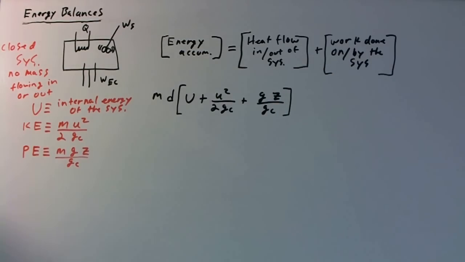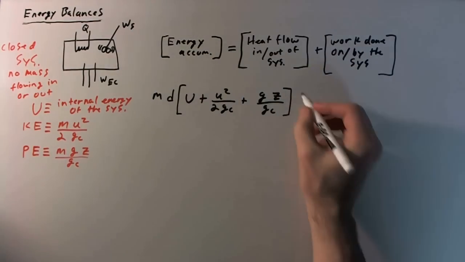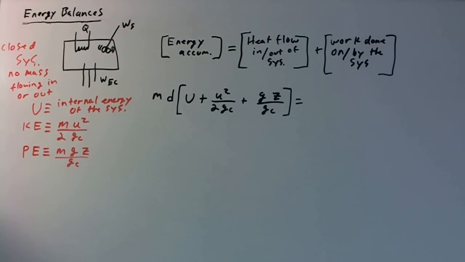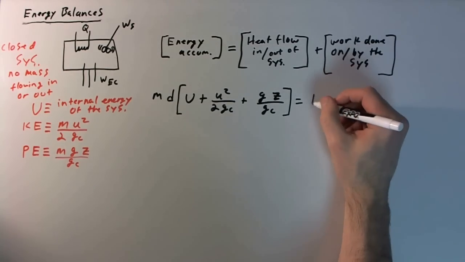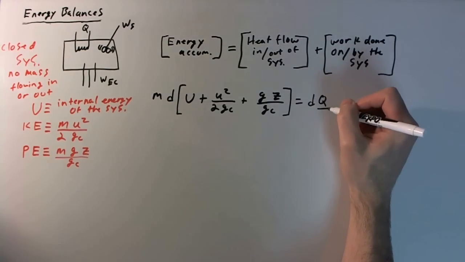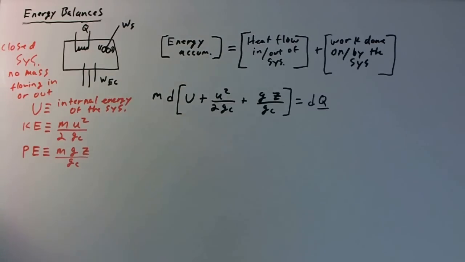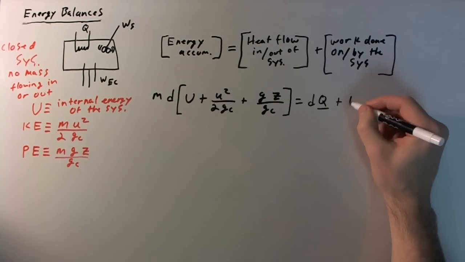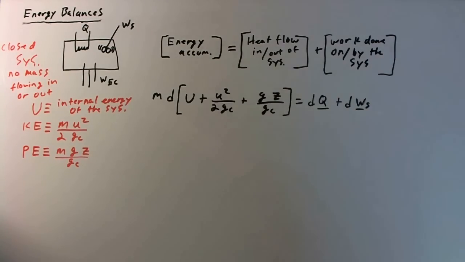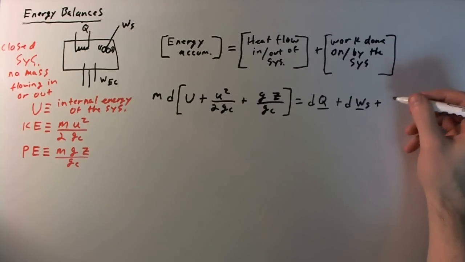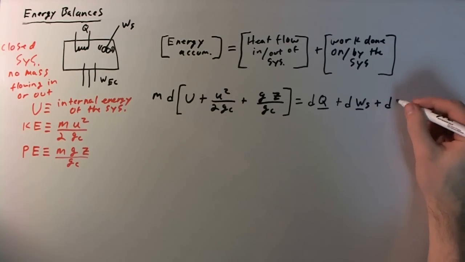That's going to be equal to the change in Q, the flow of the heat, that's dQ. In this case, this is an extensive property, so it just has units of energy. Plus change in shaft work, also extensive, plus our piston here, so this is the change of expansion and contraction.